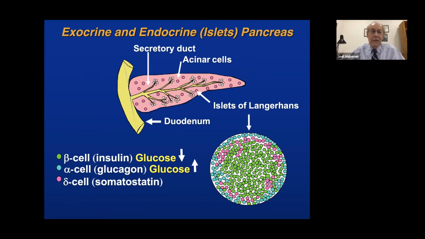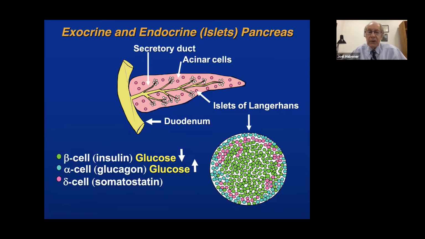First of all, we need to review the physiology and anatomy of the endocrine pancreas. The pancreas is shown here in pink. It buds off of the duodenum from the intestine and consists of 2 tissues.